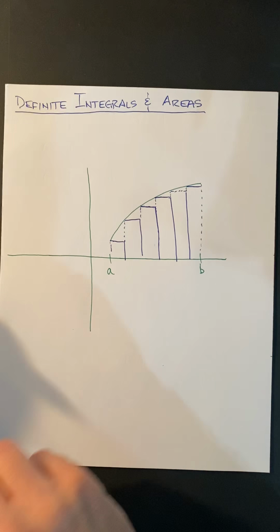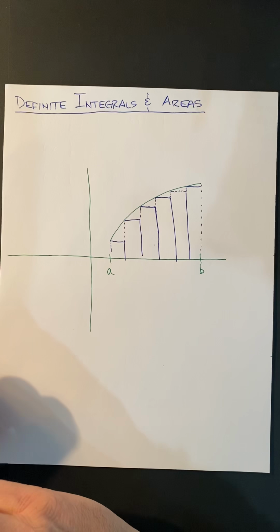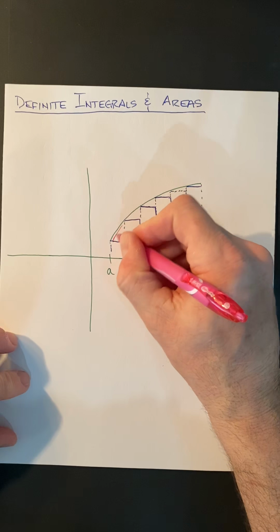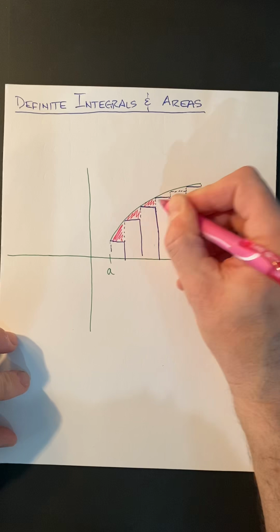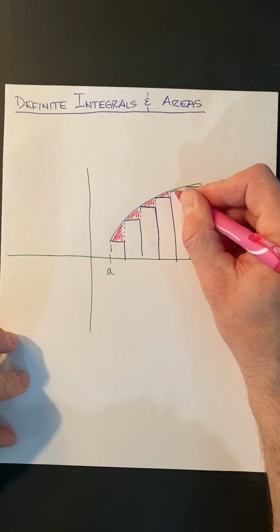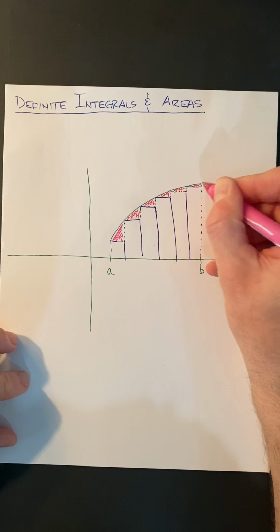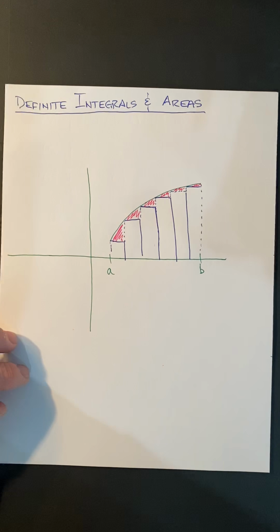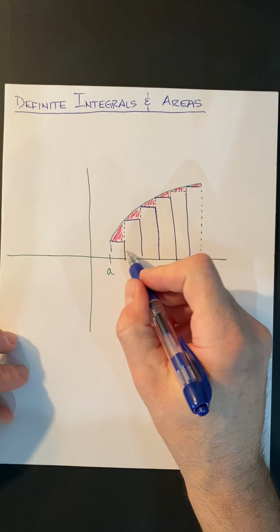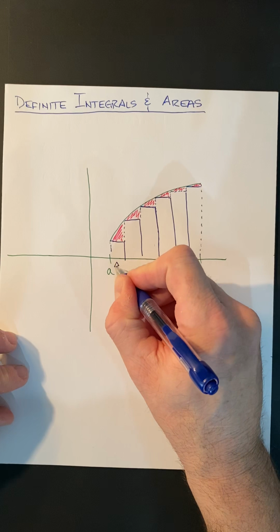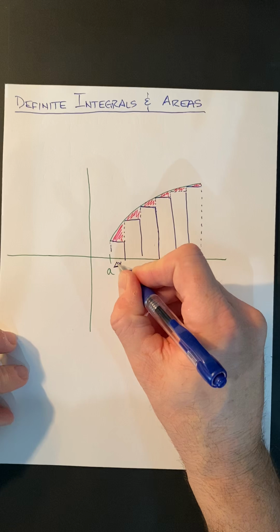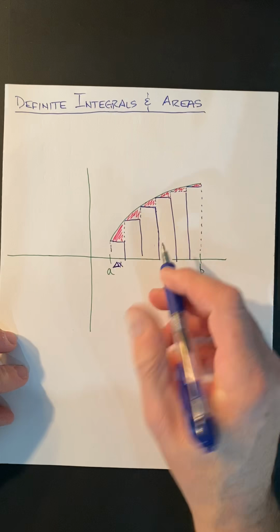Notice when I'm doing this, all of these areas right here are not being calculated for the total area, because all I can calculate here is the area of a rectangle, okay? This here is going to be known as the change in x, because that's what we're doing.